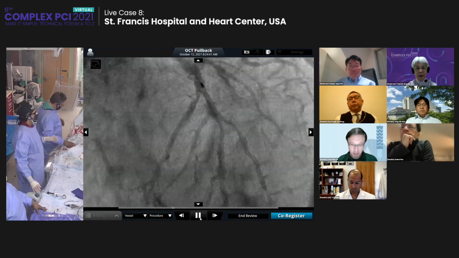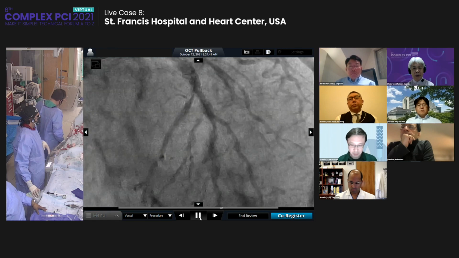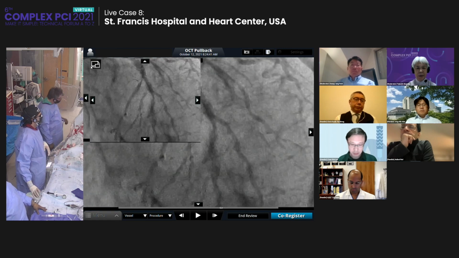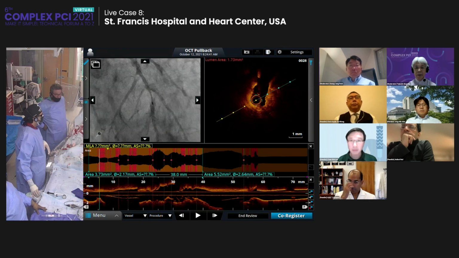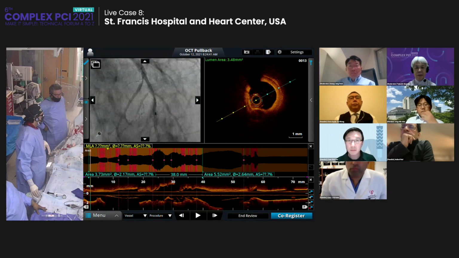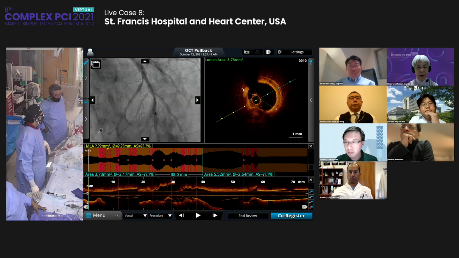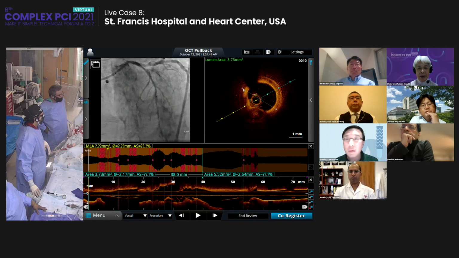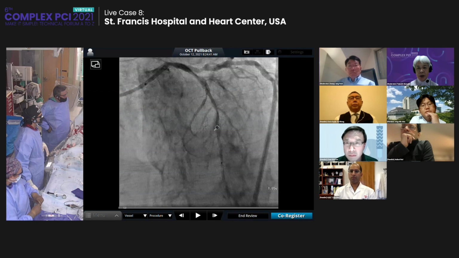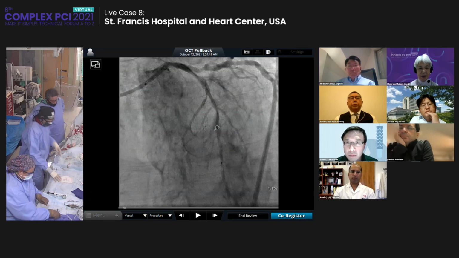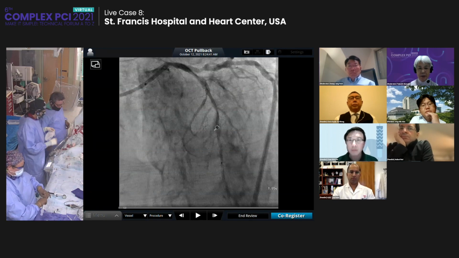But you can see what we're doing here, I'm just going to show you on the co-registration where we land. So we've marked the distal reference. You can see this area is stenotic. Yes, Takashi speaking. Just distal to the diagonal branch, I can identify some stenosis by angio and also the OCT, right? So we're going to cover it.